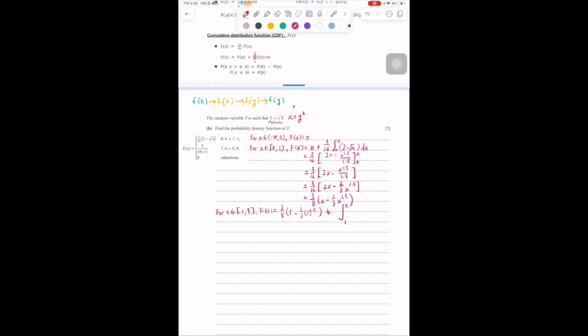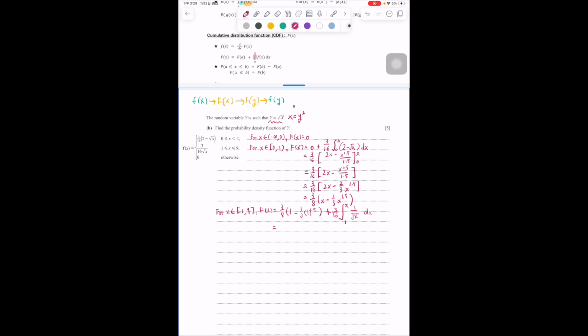And for our f(x), we can copy 3/16 times 1 over square root of x, and then dx right here. Okay, so you can use your calculator. You may find that 1 minus 1/3 is actually equal to 2/3, and then you can times 3/8.